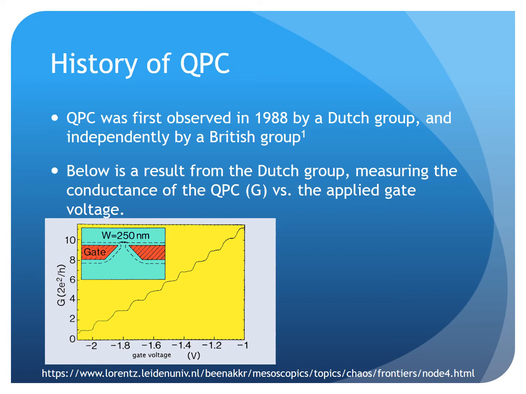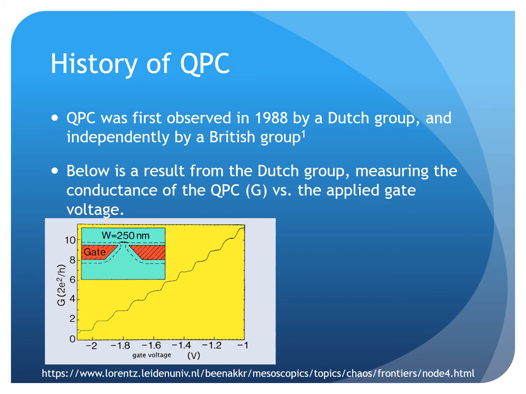So if we look at the history of quantum point contacts, it was actually only first observed in 1988 by a Dutch group and independently by a British group around the same time. One of the results from this group, I believe it was the Dutch group, is they measured the conductance at the point of confinement, which is given by G, against the applied gate voltage.